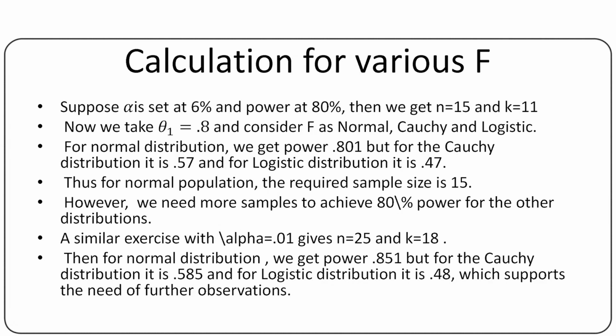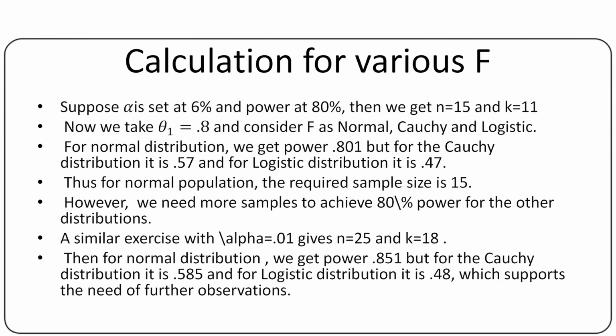A numerical example will be helpful to understand. Suppose alpha is set at 6% and power at 80%. Then, for n equal to 15, we get K equal to 11 satisfying the level alpha condition. Now, we set theta 1 equal to 0.8 and consider f as normal, Cauchy and logistic.